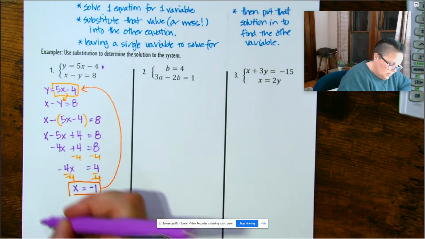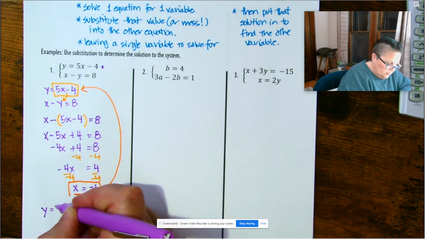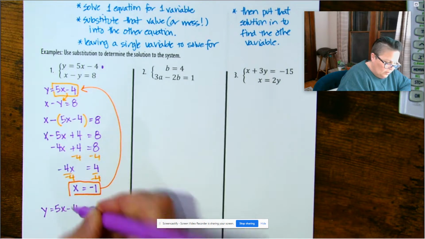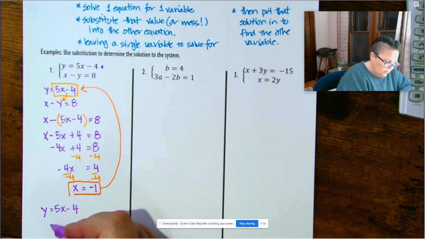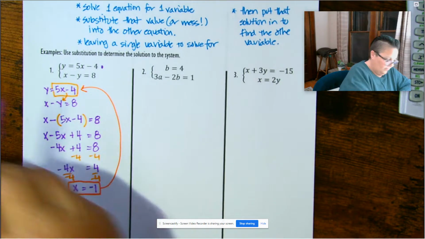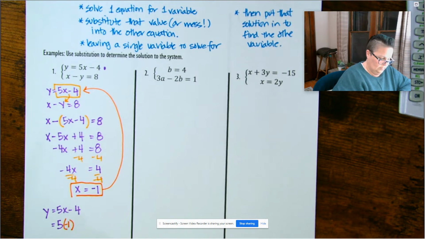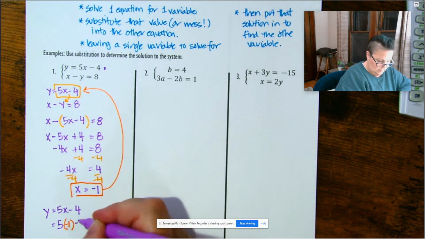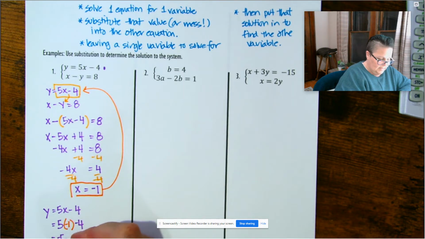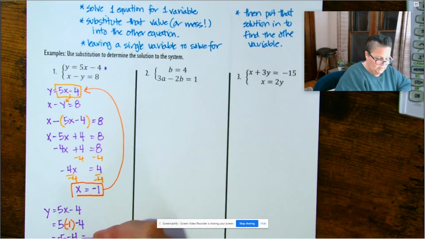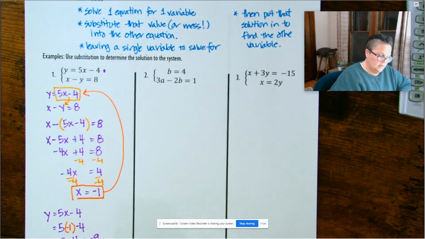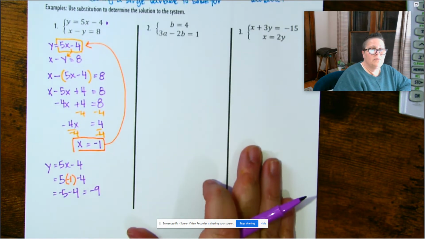I know that y is equal to 5x minus 4. If the x is negative 1, then this has to be 5 times the negative 1 minus 4. That's negative 5 minus 4, which is negative 9. So now, I ran out of room, sorry.